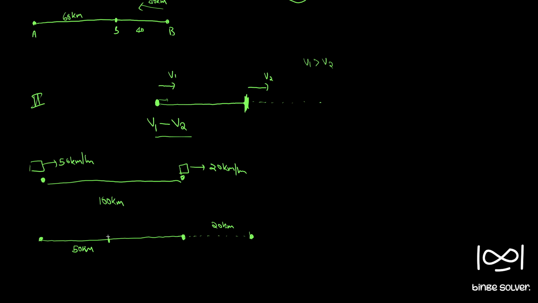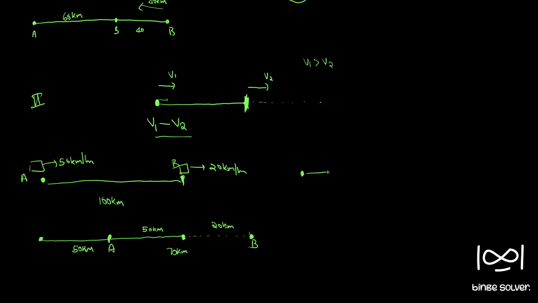here. So we'll call them A and B. B has reached here, A is now here. So this is 50 kilometers and this is 20 kilometers. From the perspective of A, after 1 hour, the distance between them has become 50 plus 20, 70 kilometers. Earlier I said we can make one person stationary and assume the other is traveling at a speed V1 minus V2.